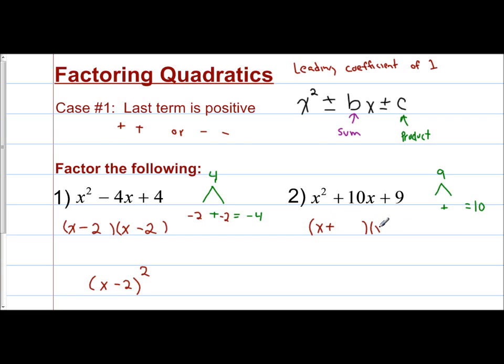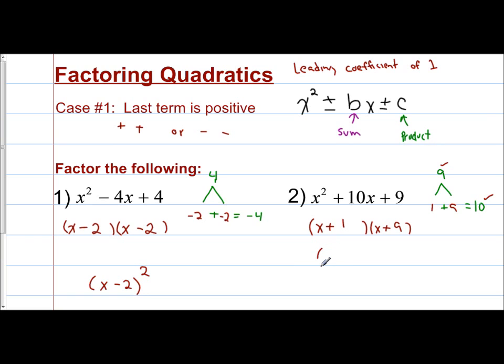And so you're going to have x plus and x plus. And so what are factors of 9 that add up to 10? Well, it's not 3 and 3 because 3 plus 3 is 6, not 10. Well, what about 1 and 9? 1 plus 9 is 10, so that works out. And 1 times 9 is 9, so that works out. So my factors are x plus 1 and x plus 9.